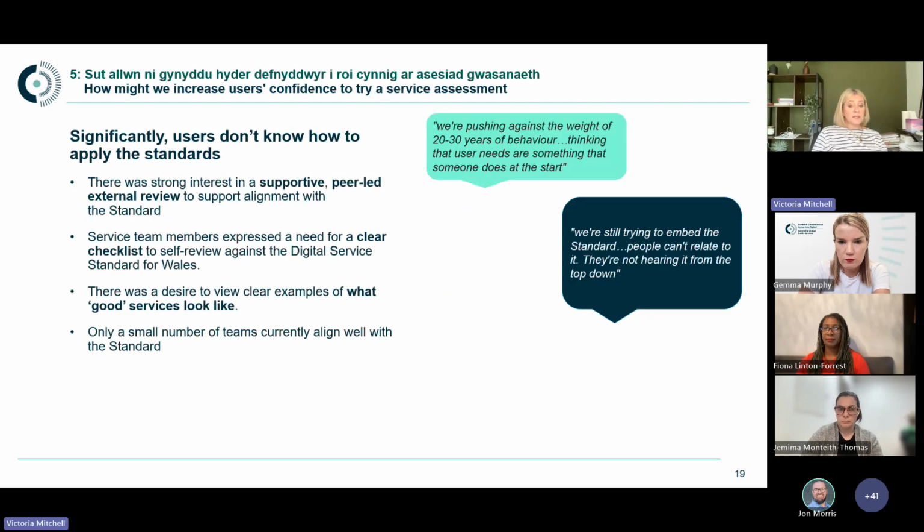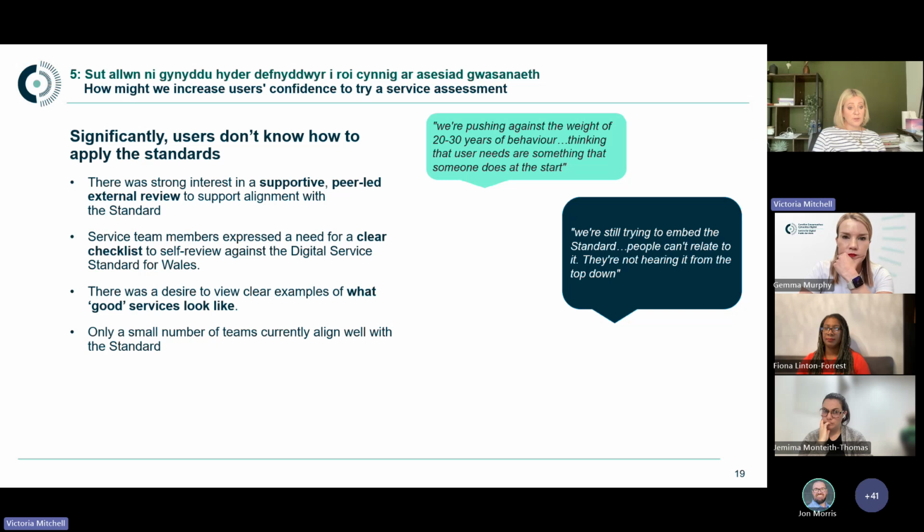So the last opportunity here, how might we increase users' confidence to try a service assessment? There was strong interest in a supportive, peer-led external review to support alignment with the standard. We heard specific things like service team members expressing a need for a clear checklist to self-review against the digital standard for Wales.